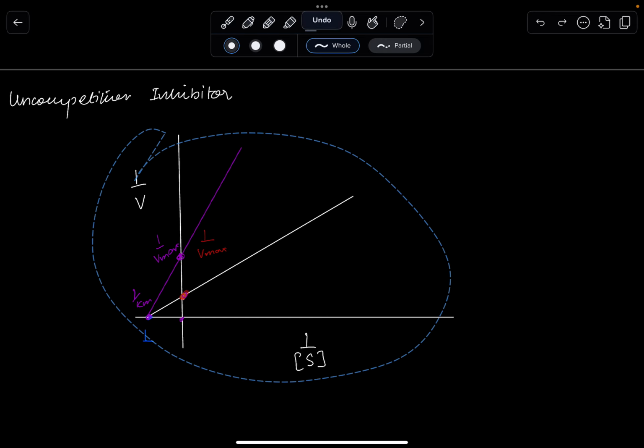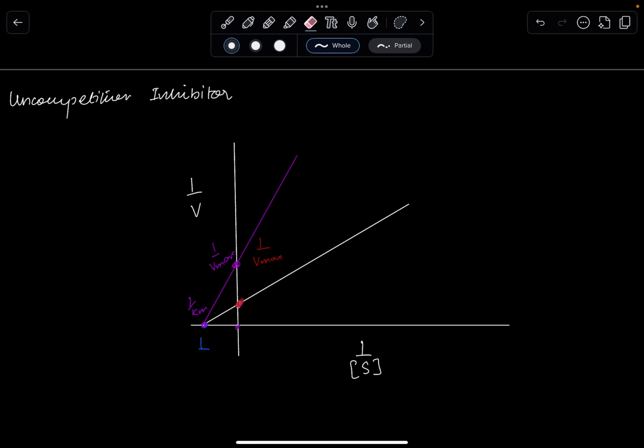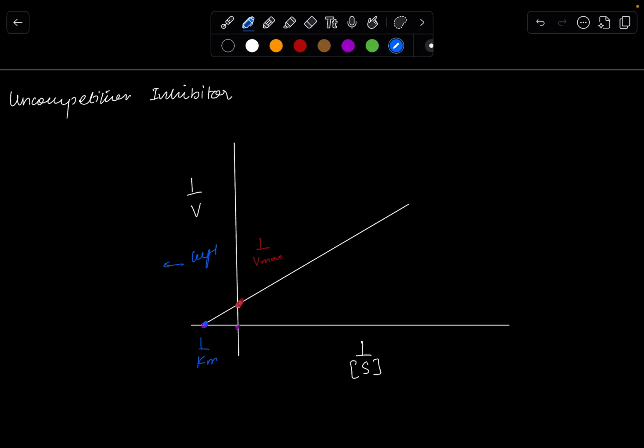what did we say? We said that the Vmax will decrease, and what will also decrease? Km. So if Km decreases, where is it going to move? It's going to move to the left. So now if I draw that, I will see this kind of behavior.